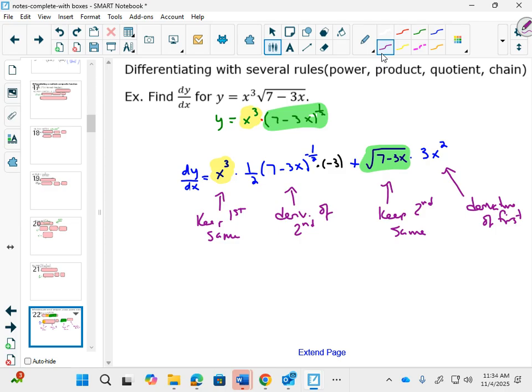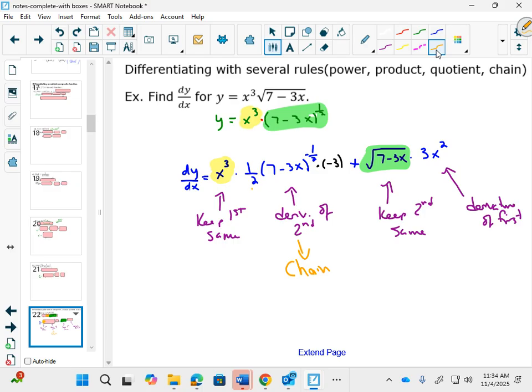But while I was doing my product rule, when I got to the derivative of the second, it made me think of a chain rule, which has 2 parts, right?